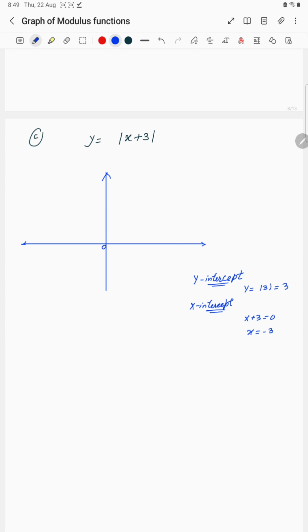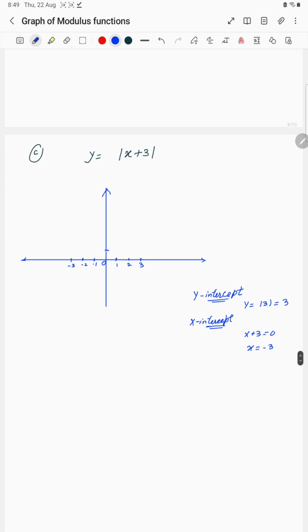So it means x-axis and y-axis. We say this is 0, this is 1, it's 2, it's 3, and so on. Here minus 1, minus 2, minus 3, and so on. Y starts from 3, so we can say it's 3, it's 6, it's 9, and so on, right?